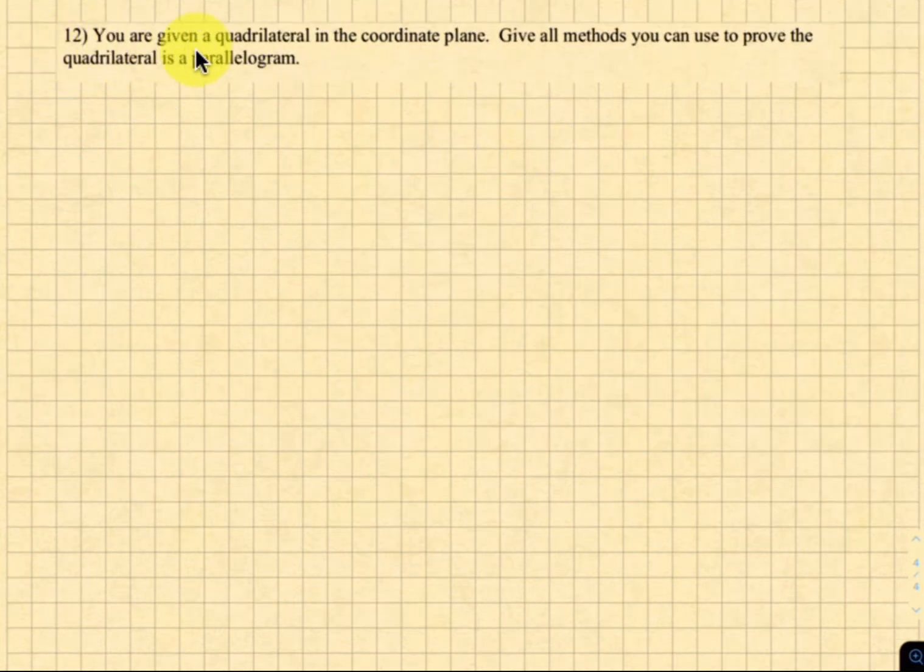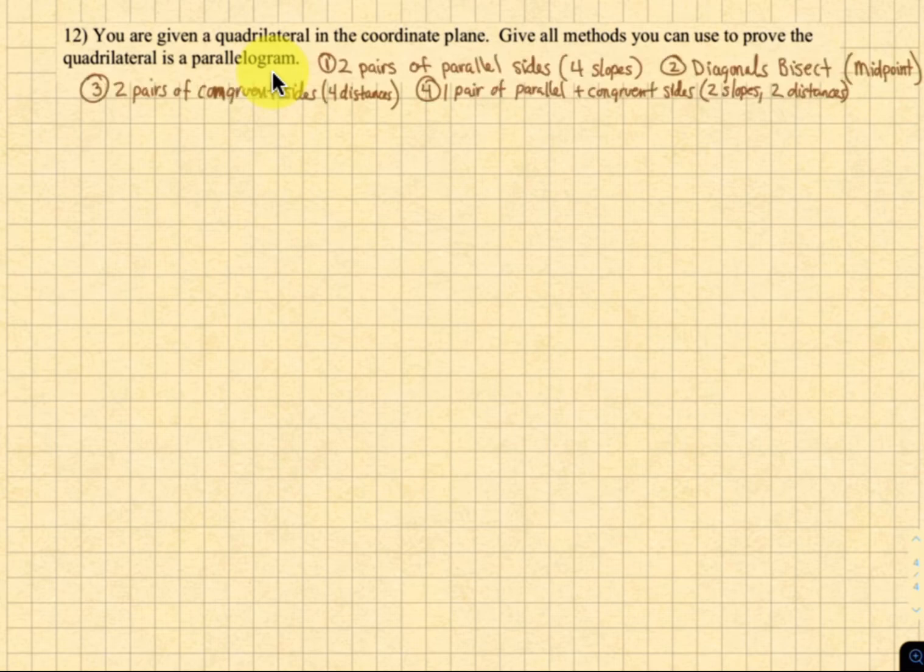Here's number 12. You're given a quadrilateral in the coordinate plane. Give all methods that you can use to prove the quadrilateral is a parallelogram. And there's actually 4 methods. Number 1, we can show that we have two pairs of parallel sides, and you would use the 4 slopes to show that. Number 2, you can show that the diagonals bisect each other, and you would do that by using the midpoint formula.